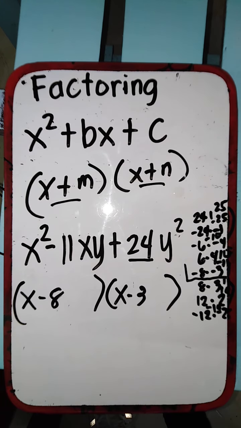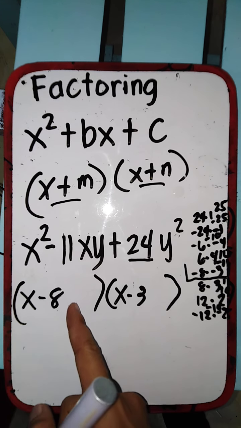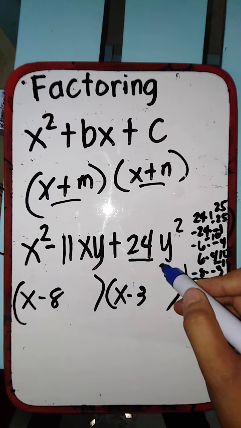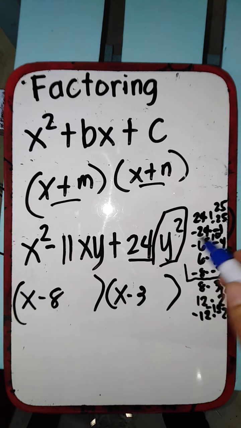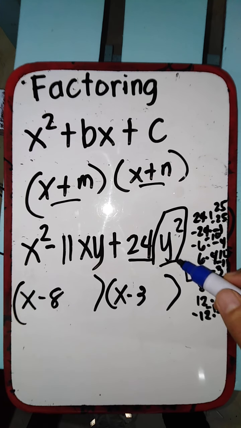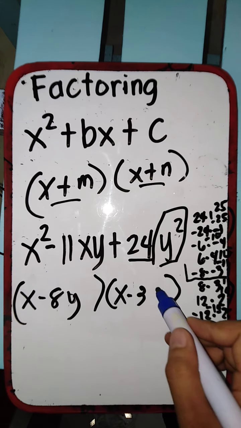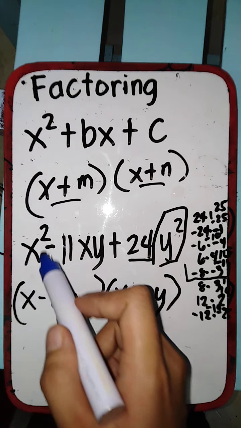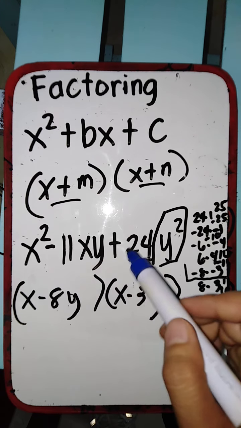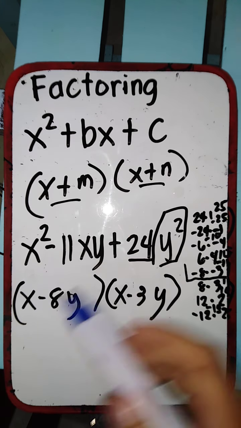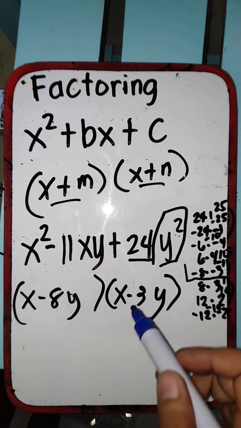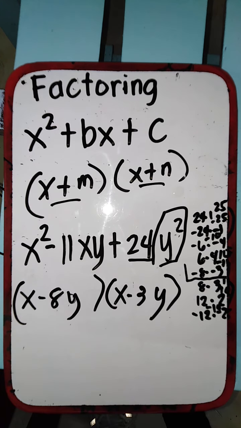But wait, it's not yet done. We have y here, so we also need to find the factor of y. The factor of y squared is y times y, right? So that's why we write here y and y. So, the factor of x squared minus 11xy plus 24y squared is x minus 8y and x minus 3y.